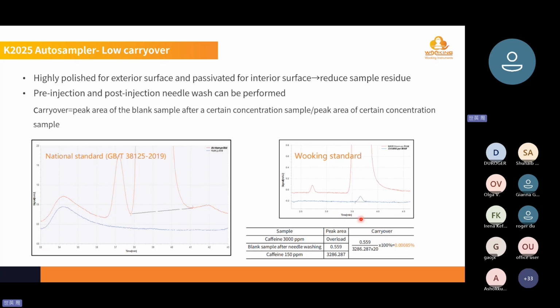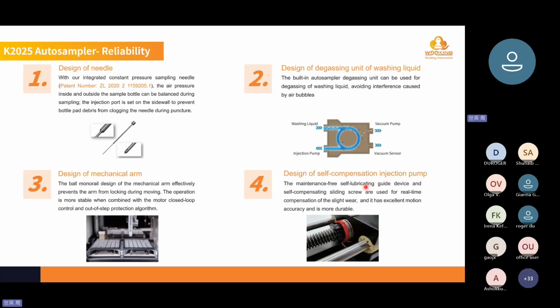We injected a sample containing 3,000 ppm caffeine and then injected a blank sample. By calculation according to this formula, we could see the carryover is 0.00085% and the normal data is less than 0.003%.